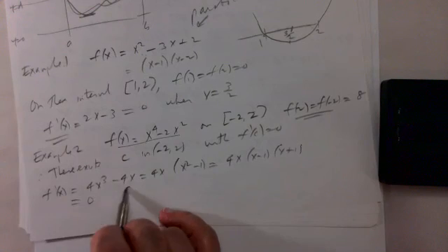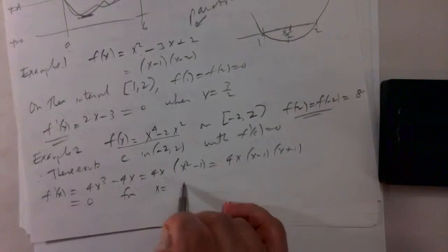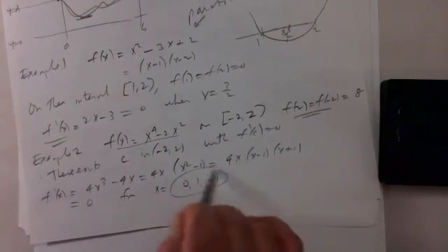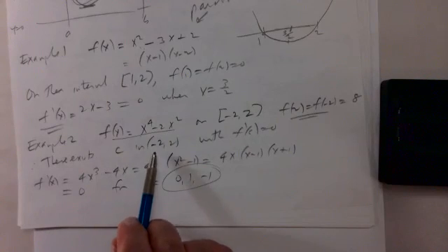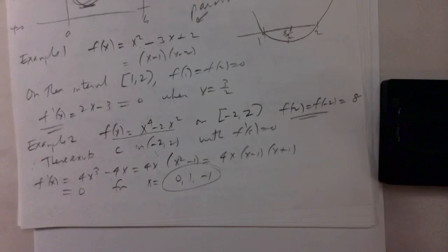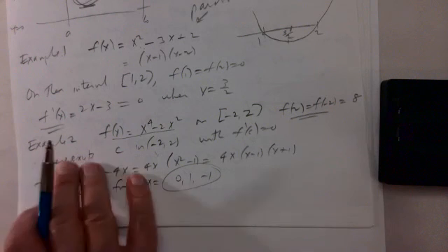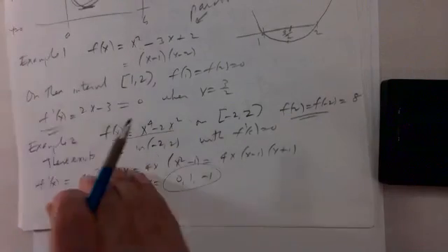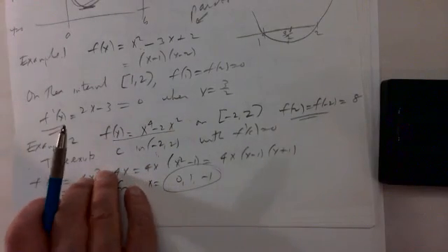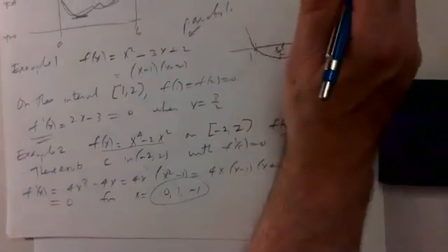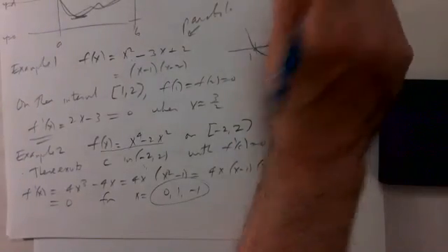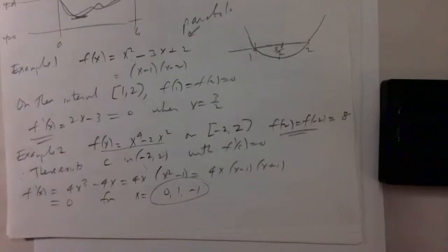And this equals 0 for x equal to 0, 1, and minus 1. So we in fact have 3 different numbers in the interval where the derivative is 0. Rolle's theorem tells us there's at least 1, but this tells us that there are in fact exactly 3.